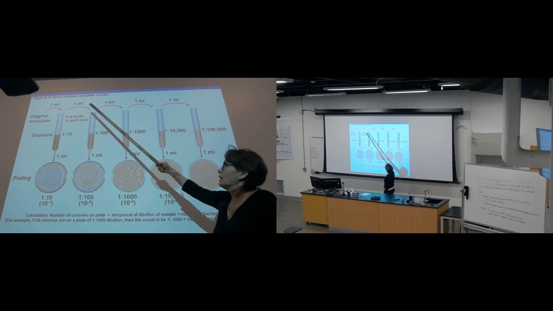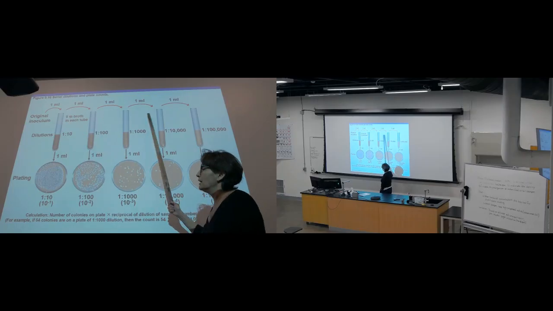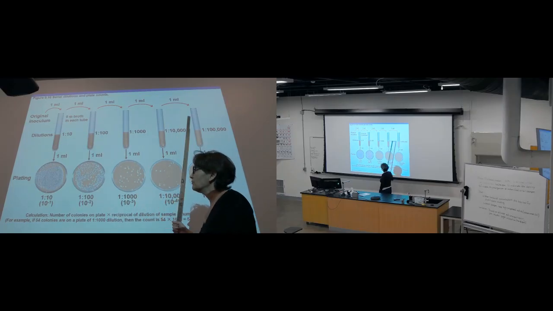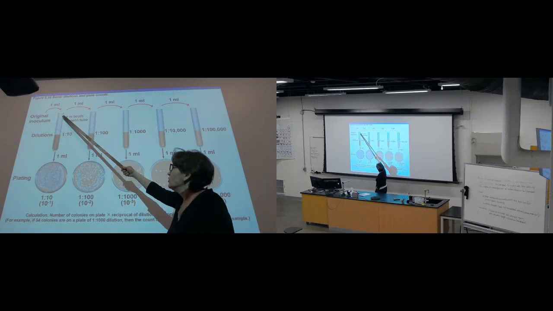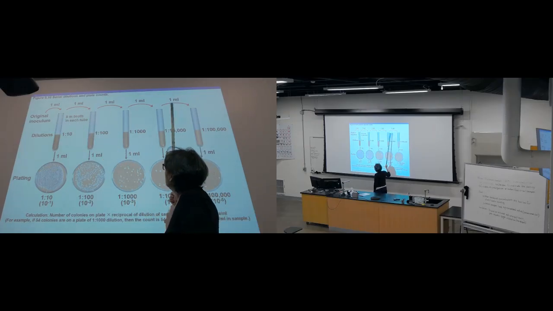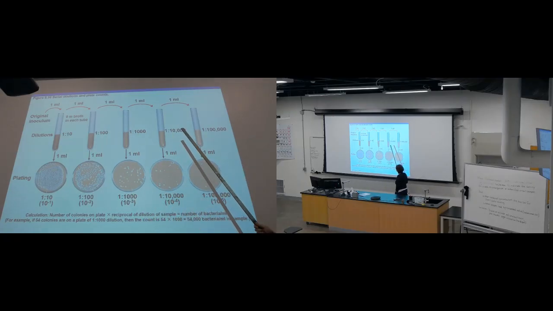And now, you will be doing this transfer of sample really quick before you plate, of course. You'll be transferring 1 milliliter each time, but you can transfer a smaller or larger amount, and in that case, it would change the ratio of the dilution, but here it's always 1:10.